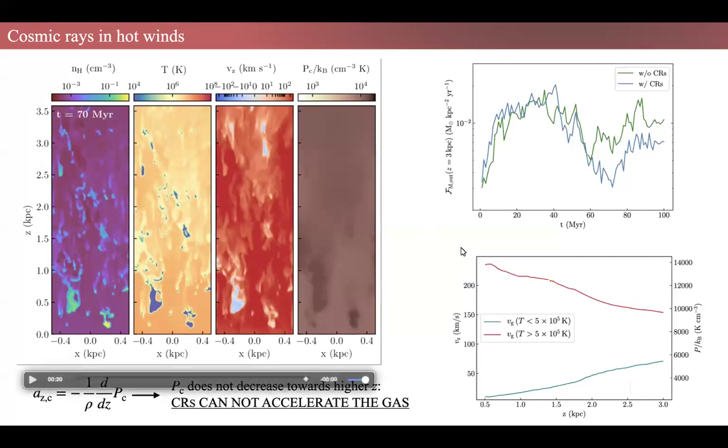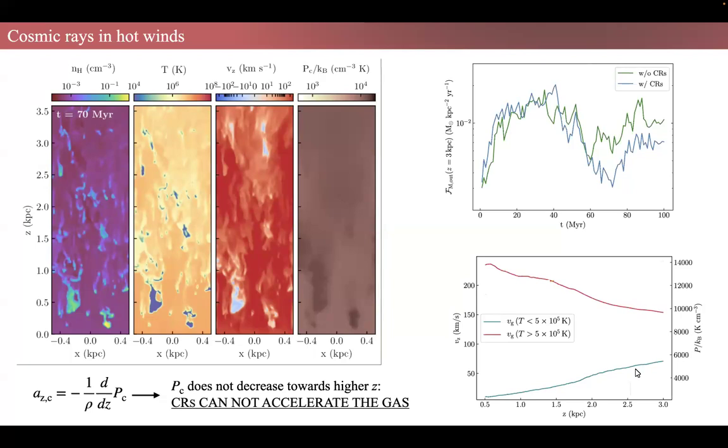So let's look at the mean vertical profiles of the gas velocity. Here, the red line shows the mean vertical profile of the hot gas velocity, while the cyan line shows the mean vertical profile of the warm gas velocity.